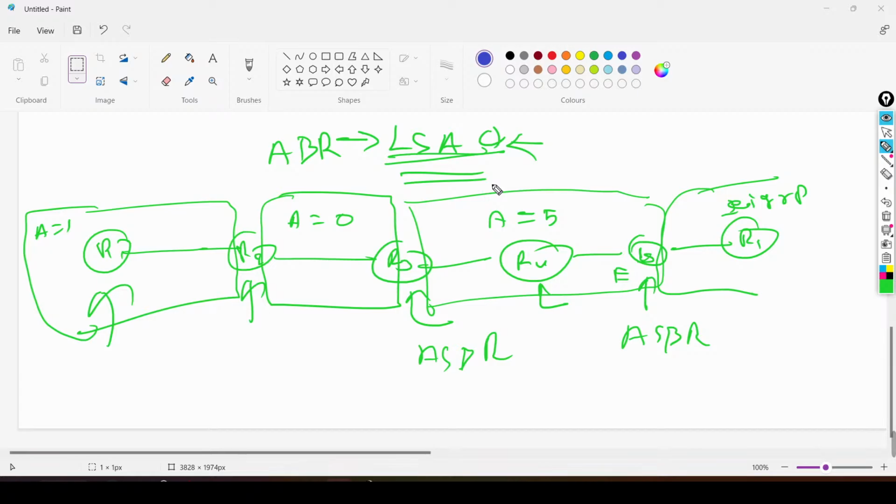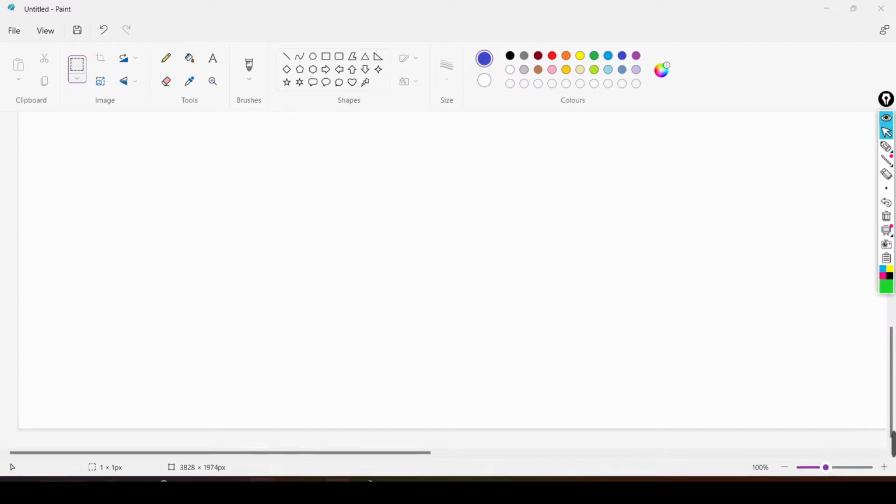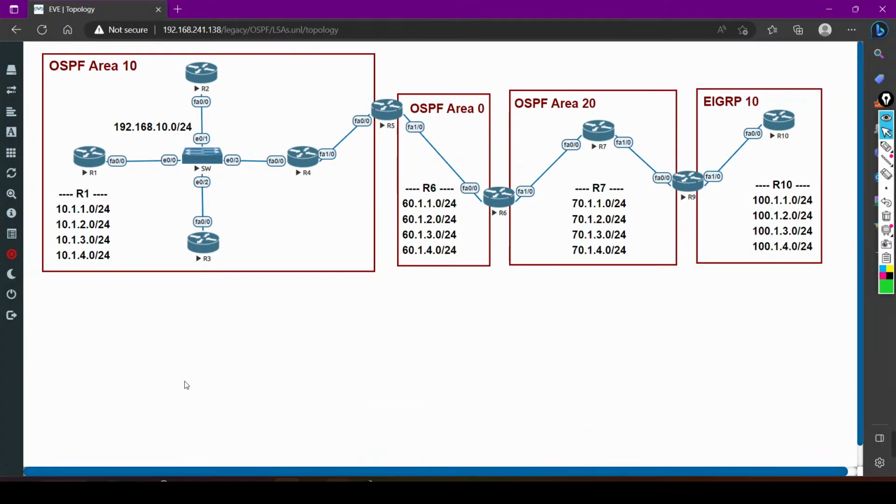Is it clear? Yes, sir. So in my topology, how many backbone routers are there, guys? How many backbone routers are there? 2 sir. Not even one.